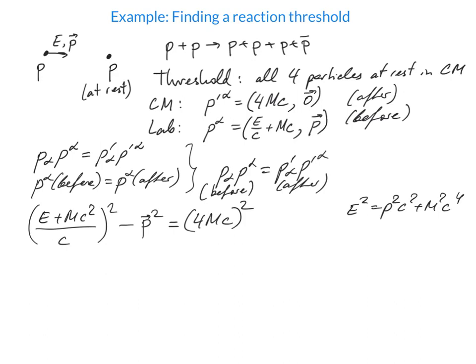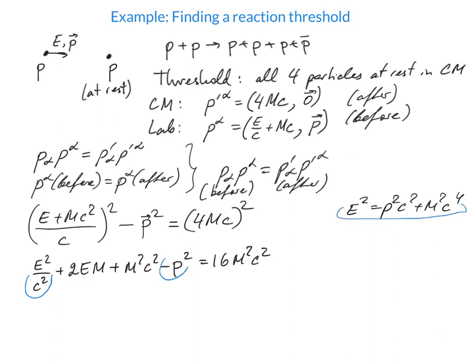So let's solve this equation. Let's open the brackets on the left. E squared over c squared plus 2Em plus m squared c squared minus p squared equals 16 m squared c squared. Now we can combine this term with minus p squared using this relation.